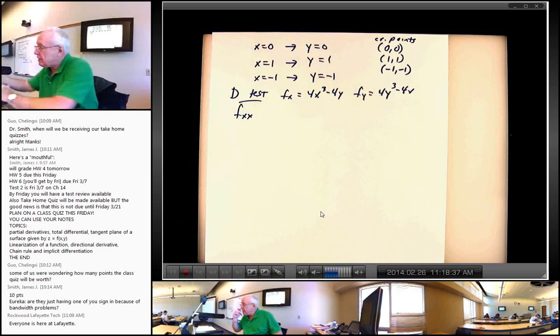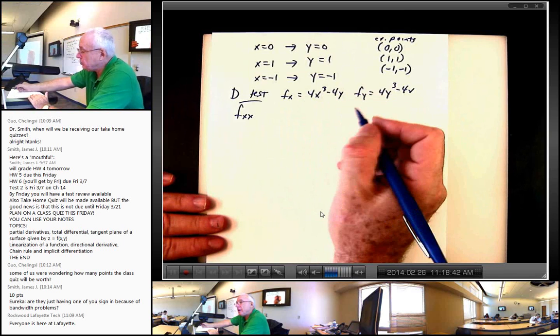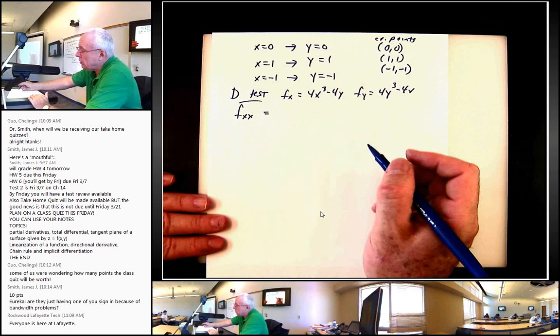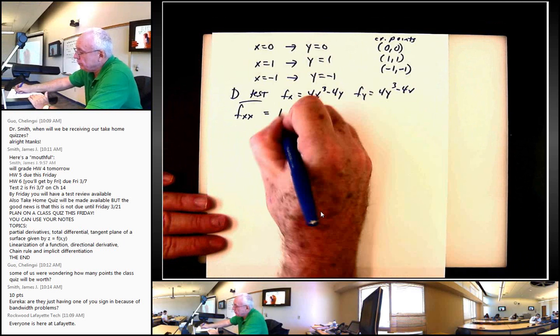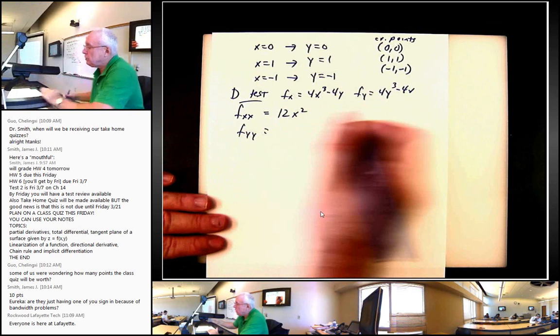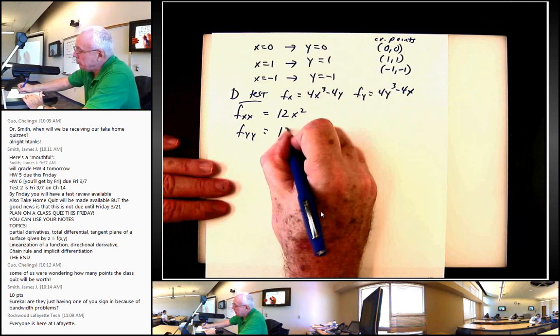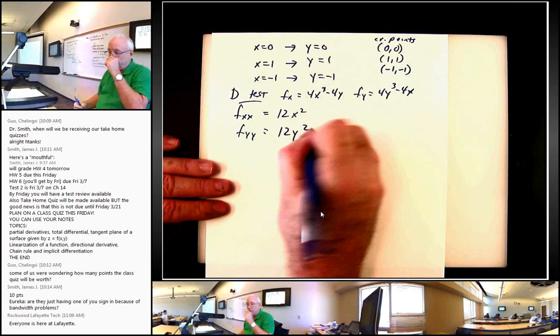Okay, fxx here, well, let's see, we do the derivative again of fx with respect to x, we're going to get what? 12x squared. fyy, take fy, do its derivative with respect to y again, and we'll get 12y squared.